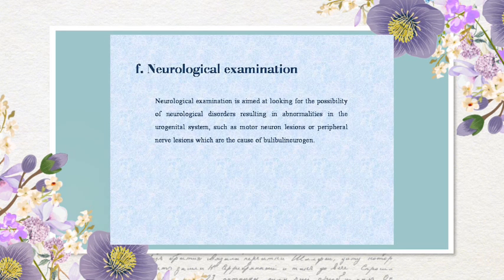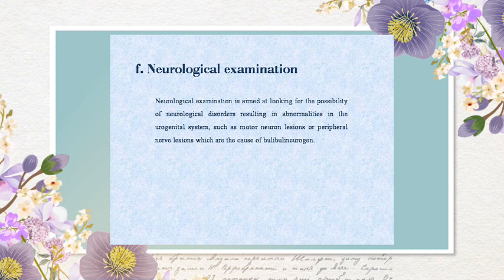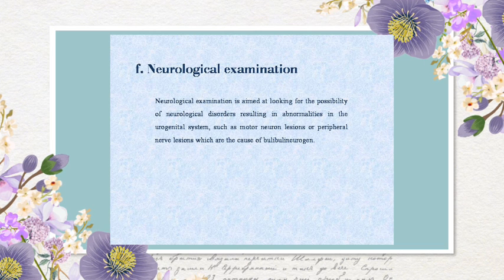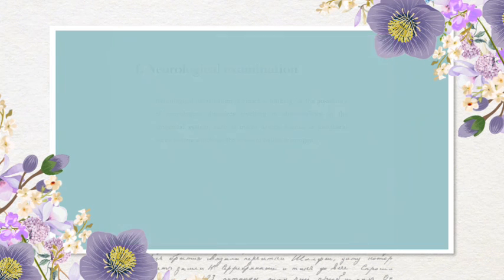Neurological examination is aimed at looking for the possibility of neurological disorders resulting in abnormalities in the urological system, such as motor neuron lesions or peripheral nerve lesions, which are the cause of neurogenic bladder.